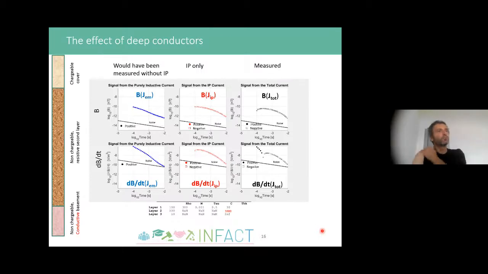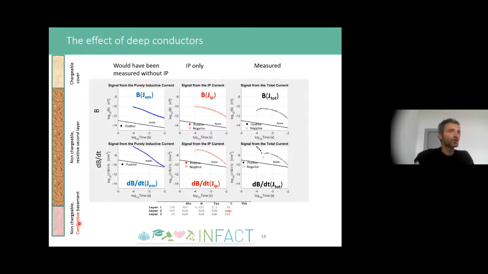Right. Some more examples because I think it's very important. The thing that changed with respect to the previous one is that now I added a conductor at depth. Very often you fly airborne to look for bedrock conductors in exploration. And I'm going to show you what happens to your bedrock conductor in presence of something shallow and chargeable if you don't account for it.